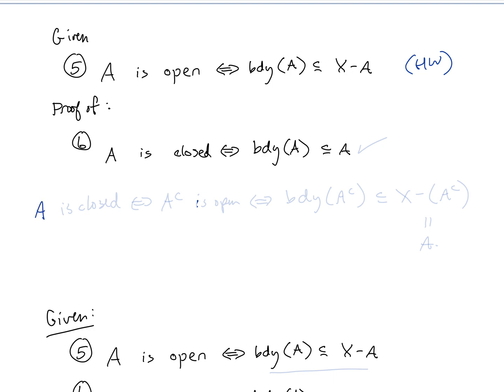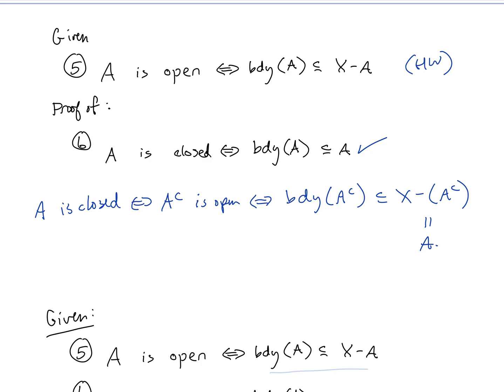We know that a set A is closed if and only if A complement is open, and then by 5, that's true if and only if the boundary of A complement is a subset of X minus A complement. What is X minus A complement? X minus A complement is A, the complement of A. And so that's exactly what we wanted to prove in part 6.